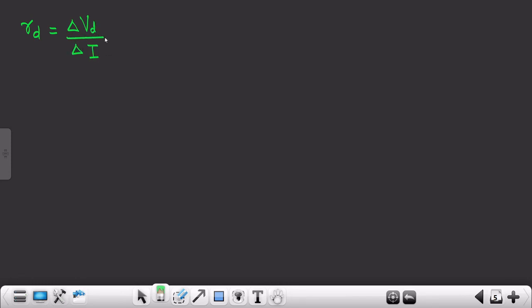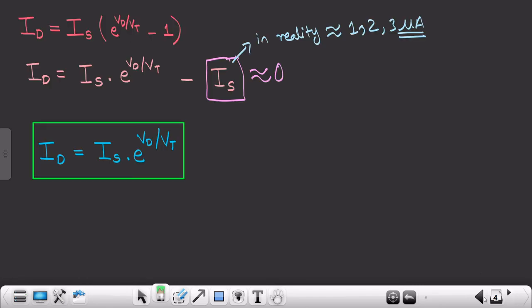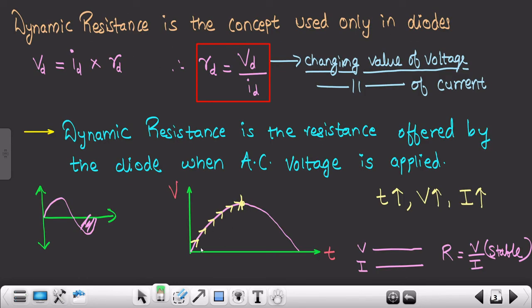Since I'm dealing with AC, I should write in small letters: del vd by del id. So now I can also write it this way, since we are dealing with very small changes. The AC voltage would be very small, maybe a few millivolts or maybe a few volts.